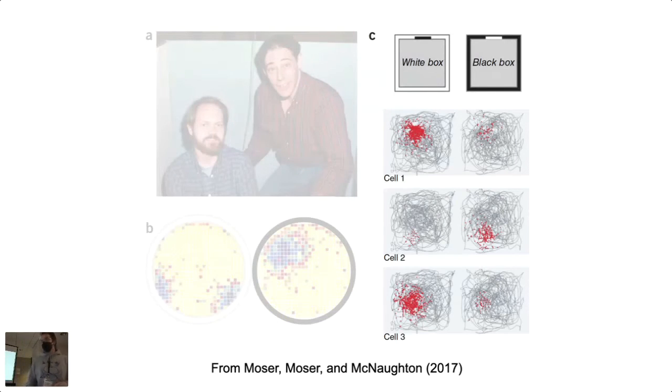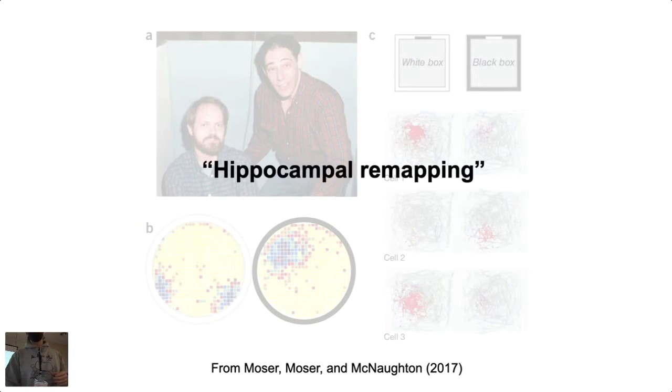But later it was found from Laura Colgin and the Moser group in Norway that if you instead keep the animal in the same environment and you start to change the colors of the walls, for instance, or some sensory information, there's a more nuanced effect that happens. A neuron can fire in the same location but change its firing rates instead. And this is often referred to as rate remapping, but collectively this phenomenon altogether is referred to as hippocampal remapping, which Giuseppe was also talking about earlier on.